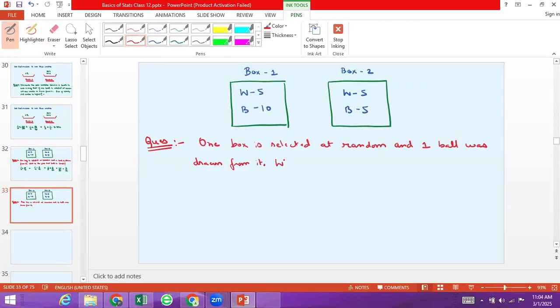If the drawn ball is black, what is the probability that bag 1 was selected?